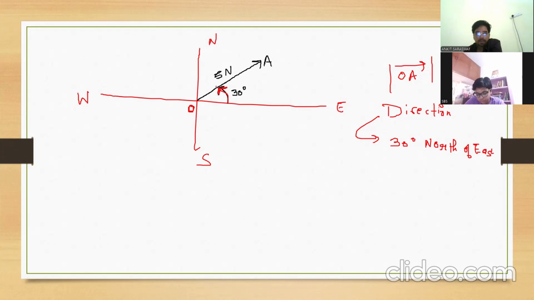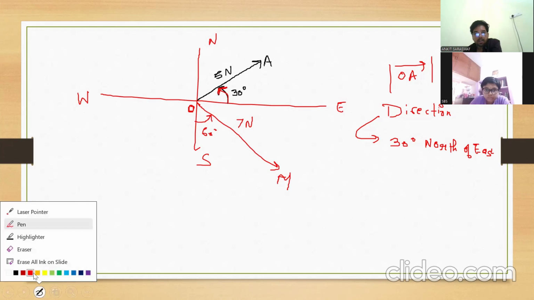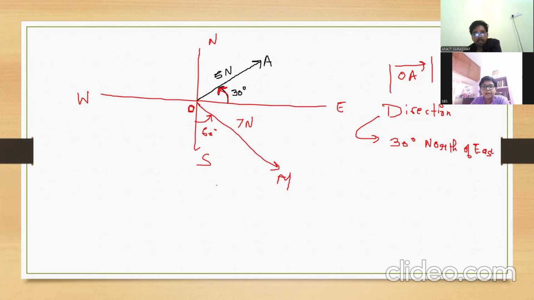If I draw a vector like this, let us suppose OM, this is 7 Newton. And if I give an angle of 60 degree, then how to read this vector? The magnitude is 7 Newton.